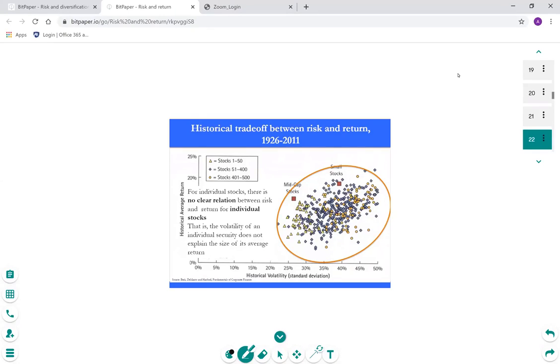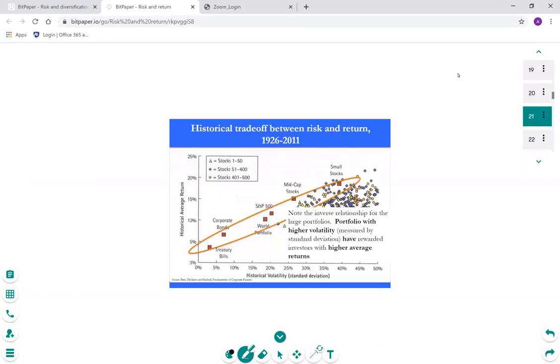However, that relationship does hold for the larger portfolios, as portfolios of small stocks, mid-sized company stocks, or the S&P 500 as a whole. And in that case, you do see a sort of direct relationship between the volatility of the portfolio and the average returns that you see on the portfolio.